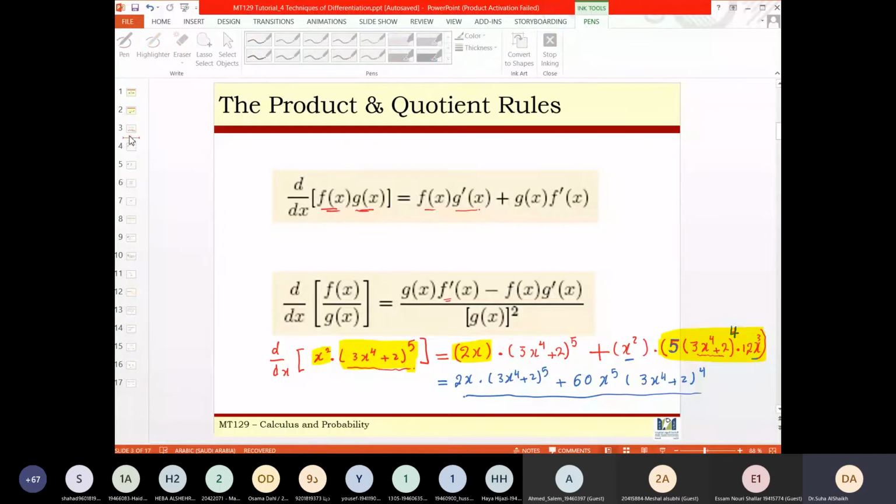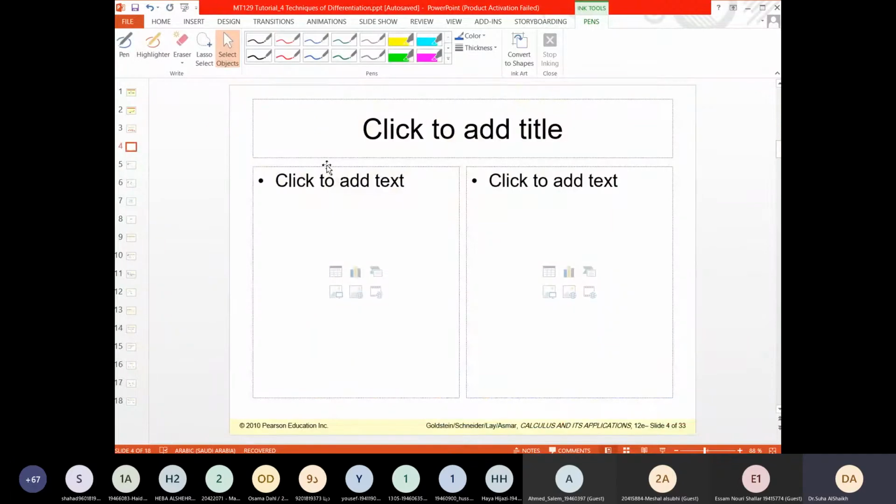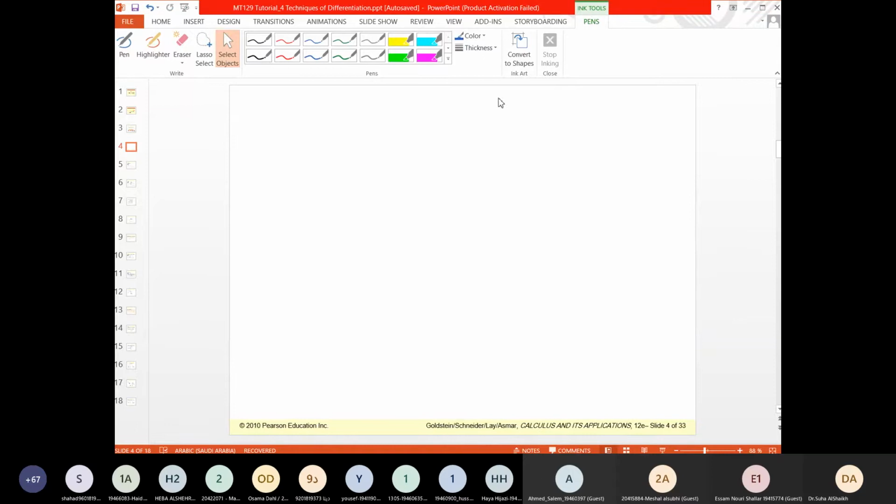Okay. Now for the division, let me give you an example. For the division, we said if I have a function f divided by a function g and I want to find the derivative, I can write it simply like this: the derivative of the first multiplied by the second, minus the first multiplied by the derivative of the second, divided by the second squared.